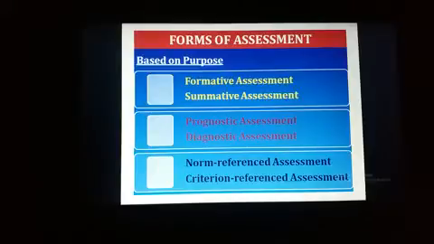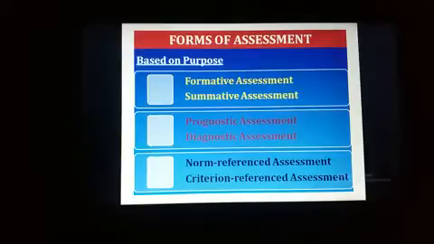Again, we can also divide the process of assessment into norm referenced assessment and criterion referenced assessment. When the assessment is made with reference to a particular norm, it is called norm referenced assessment. Similarly, when it is based on a selected criterion, it is called criterion referenced assessment.